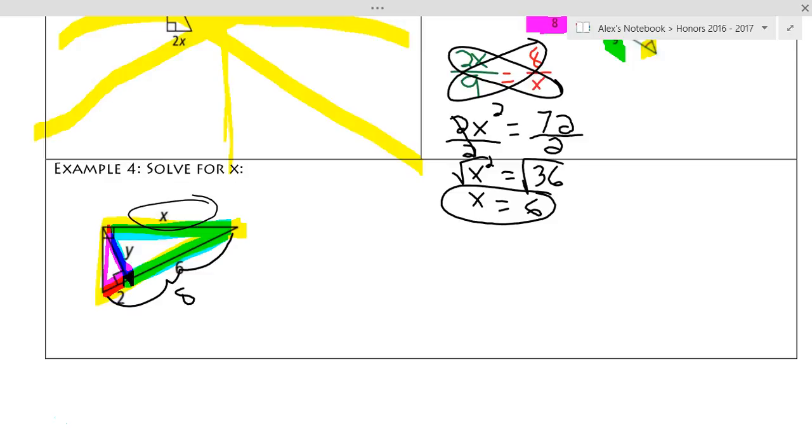My blue triangle, I know something about all three sides, and I know two sides of my little triangle here. Try and think about what side is the longer leg and what side is the shorter leg. So I have the longer leg here, and this would be the shorter leg, and you can kind of match that up with all of them. So I'm going to start with the big triangle, and I'm going to start with the blue triangle.